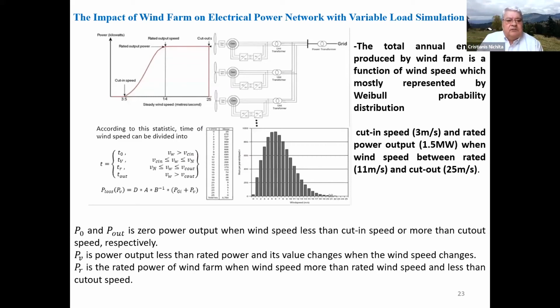Some words on the impact of, for example, a wind farm on electrical power when we also have variable load simulation. Because the growth of electrical demand increased and the need of wind energy sources increased, but we must handle it.